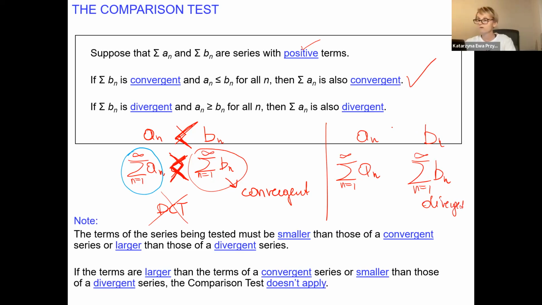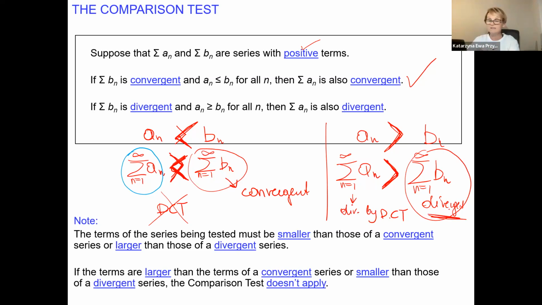Looking at this expression, we figure out that our series is greater, so for the same number of terms, this will also be greater. We can also make the comparison. If this summation is divergent, infinity, everything that is greater is also infinity. That means we can conclude that this is divergent by direct comparison test.